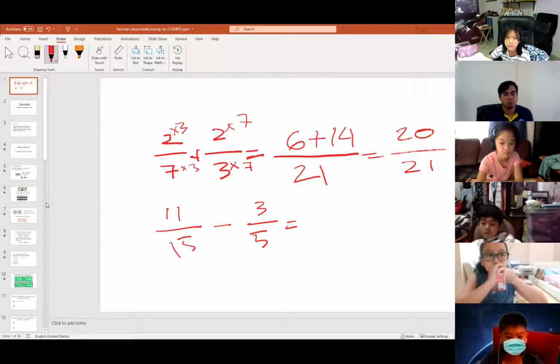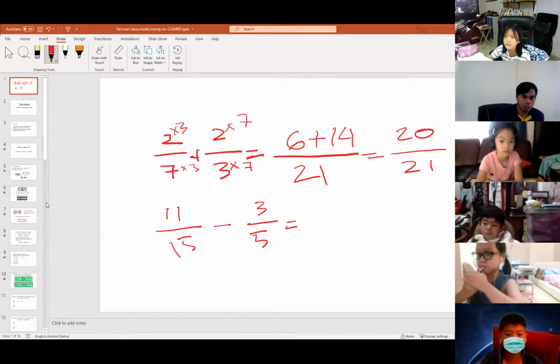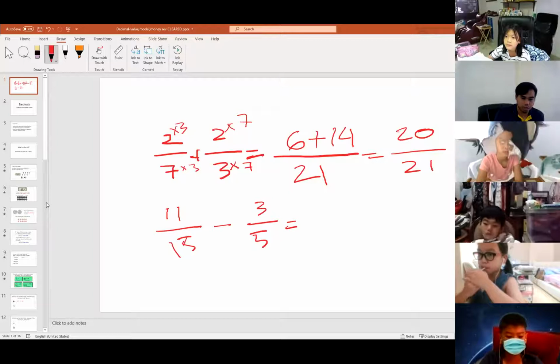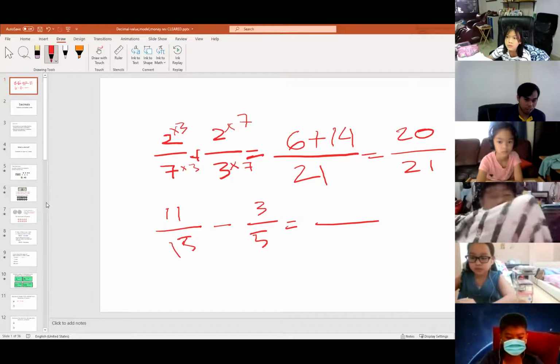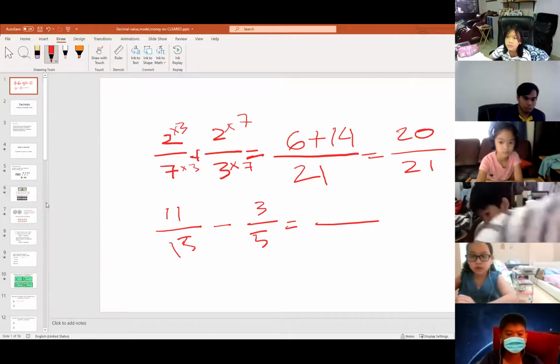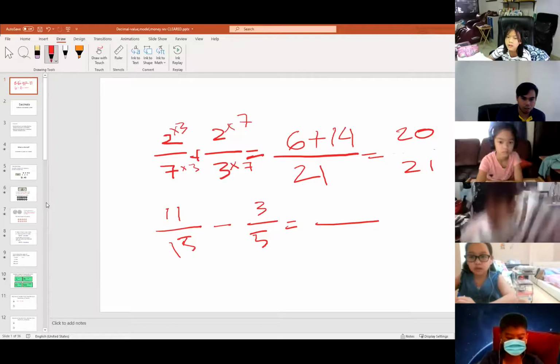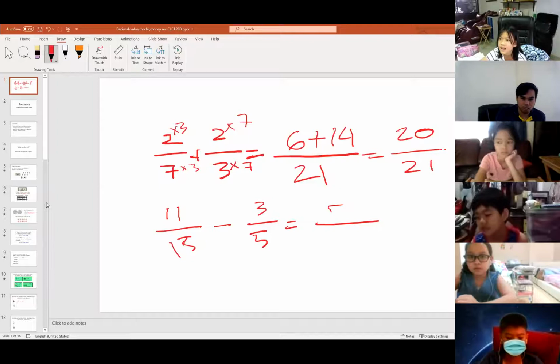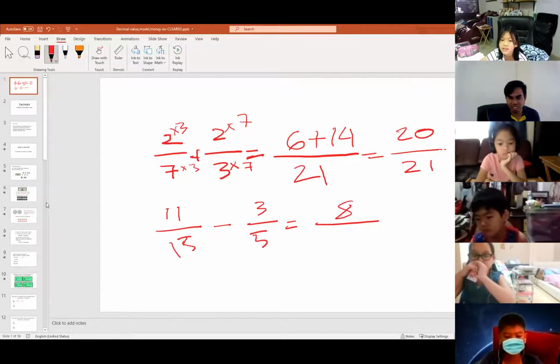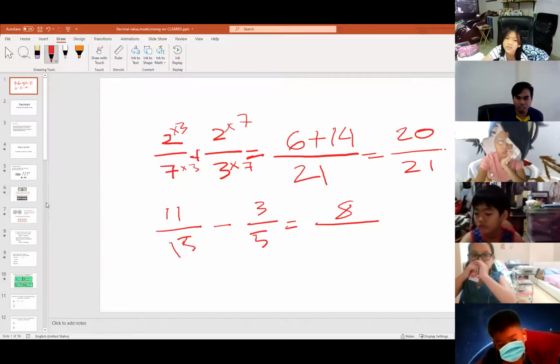Okay, students, we checked some of your work, and I saw that some students didn't do the first step. What's the first step again? Make the denominators common or the same, right? But I saw some students just subtract right away. For example, 11 minus 3 is 8, and 15 minus 5 is 10.